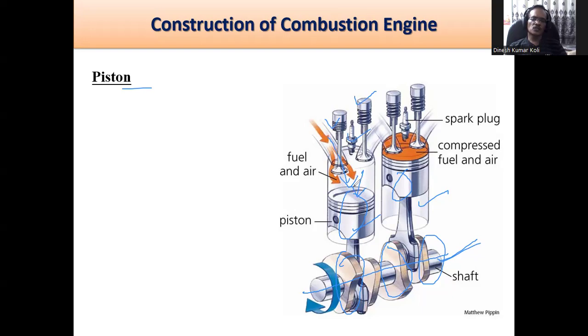So in one stroke it happens. In another stroke, there will be the compression of the fuel and air. And in another stroke, the exhaust gases will move out of the cylinder. So actually there are four processes: suction, compression, expansion, and exhaust, depending upon the type of engine, whether it is a two-stroke engine or a four-stroke engine.